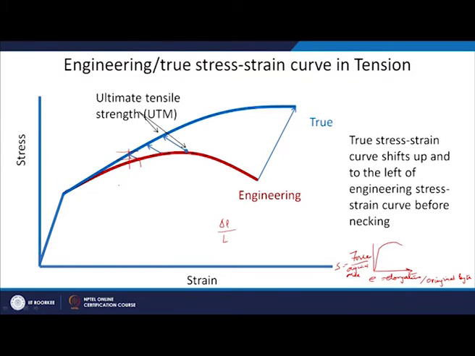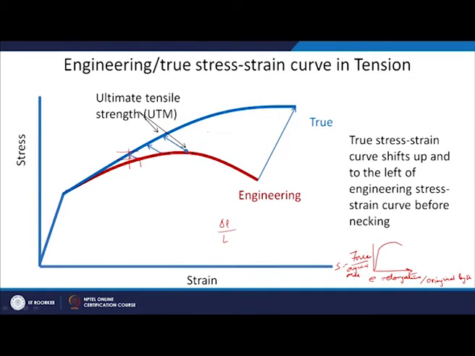Okay. So, my curve goes in this direction, but upward. This is how the true stress curve will be, and this is how the engineering stress strain curve will be. After necking, the situation becomes just opposite.